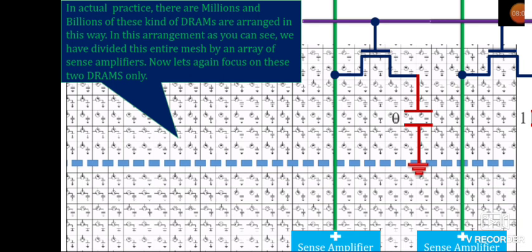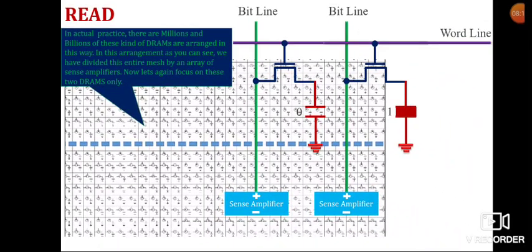Let's see how this arrangement of sense amplifiers will help. The structure we are discussing is lying somewhere here. It is a very small part of this entire circuit, but just for the sake of simplicity and understanding, we are going with that only.